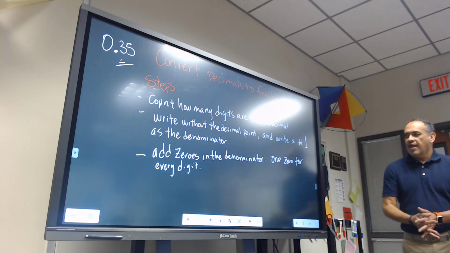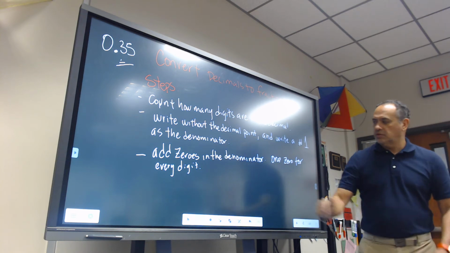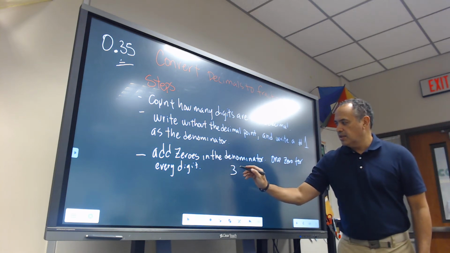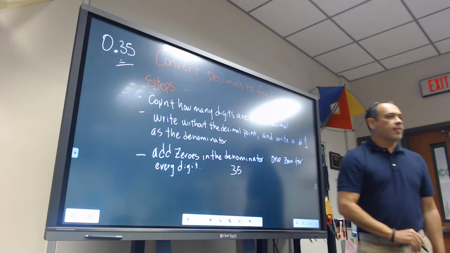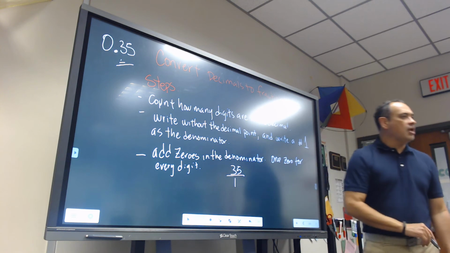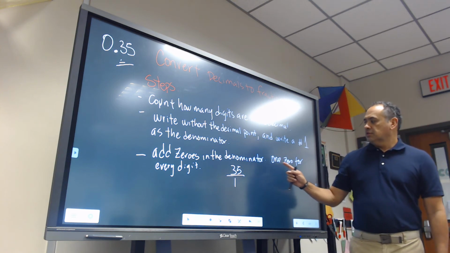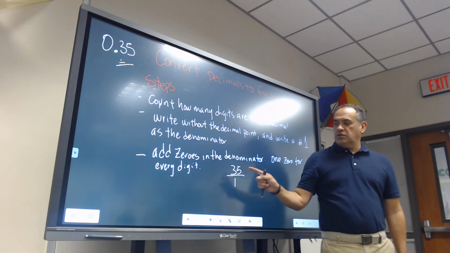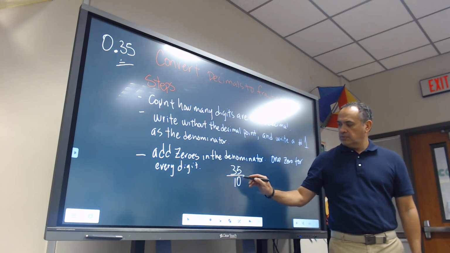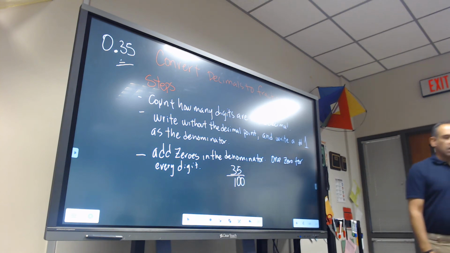All right, and that will look like a fraction. Look, first we write it without the decimal point. Then we put the 1 at the denominator, and then we add a 0 for every digit. There's 2 digits, and there's your fraction, right? Okay.